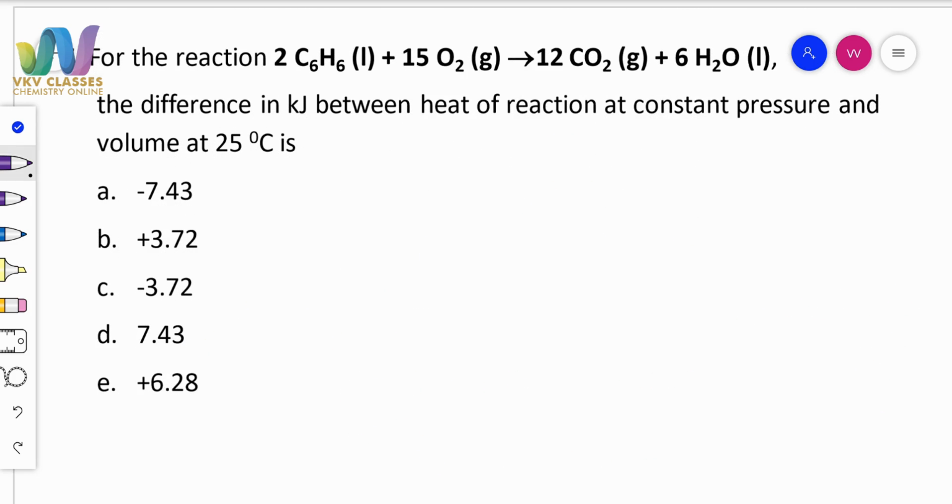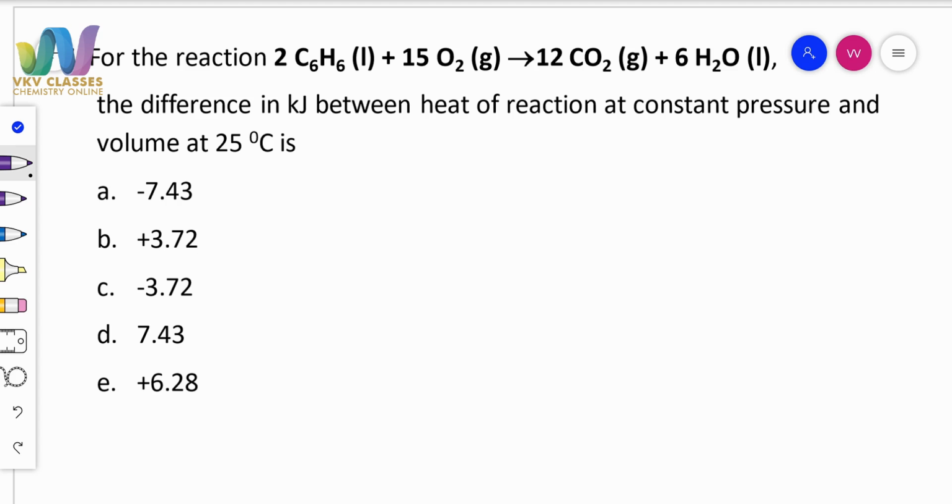For the reaction 2C6H6 plus 15O2 gives 12CO2 plus 6H2O, the difference in kilojoules between heat of reaction at constant pressure and volume at 25 degrees Celsius is?